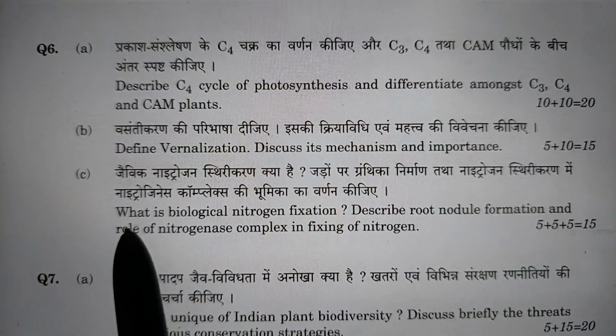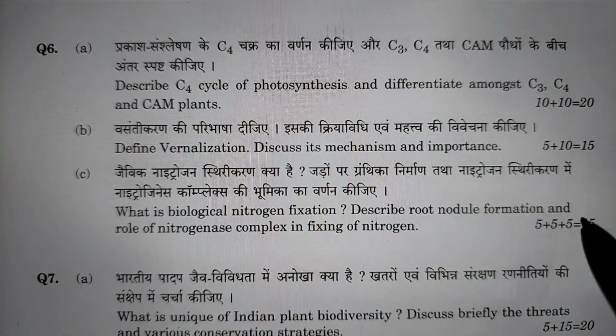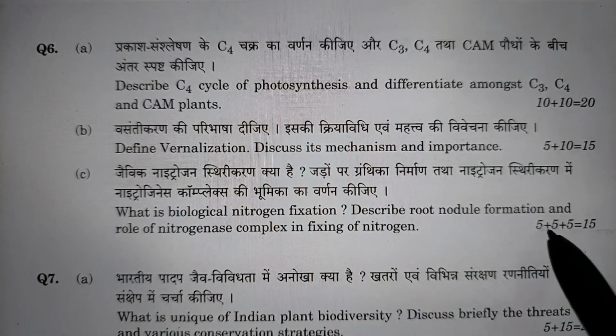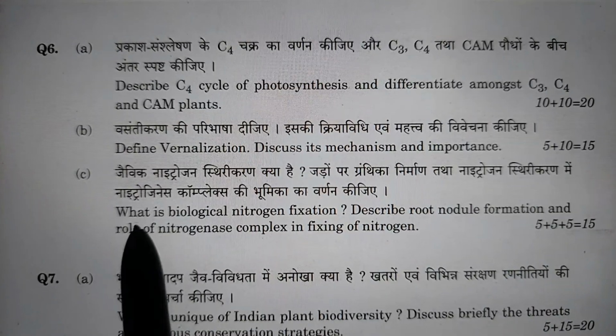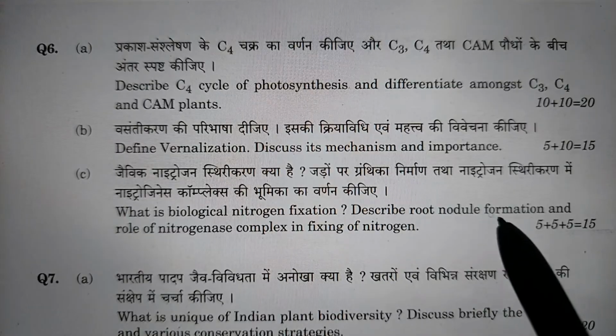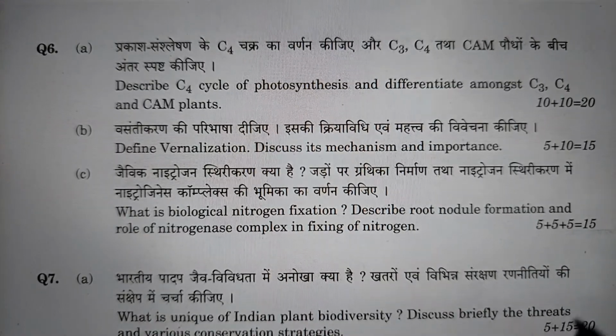Option C is what is biological nitrogen fixation and describe root nodule formation and role of nitrogenase complex in fixing nitrogen, 5 plus 5 plus 5. So what is biological nitrogen fixation is 5, describe the root nodule formation is 5, and role of nitrogenase complex in fixing nitrogen is 5.